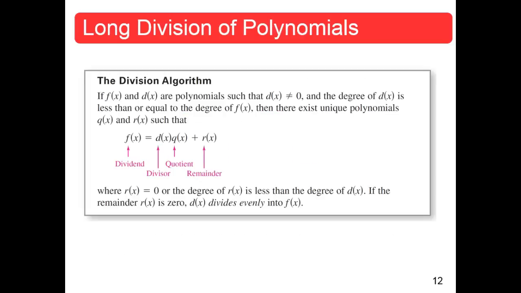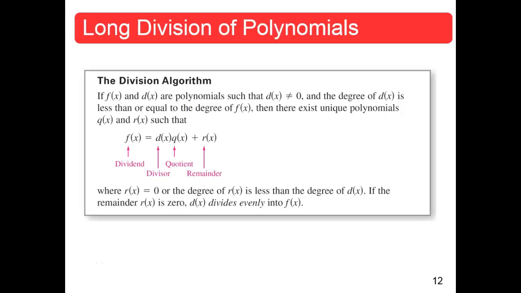Here's the division algorithm. If f of x, that's going to be our dividend, and d of x, our divisor, see they both start with d, so have f of x be the big one. d of x being the divisor of polynomials, as long as this d of x is not 0. Why not? You can never divide by 0, okay? Ever, okay?